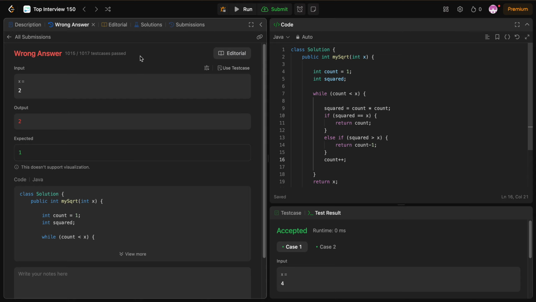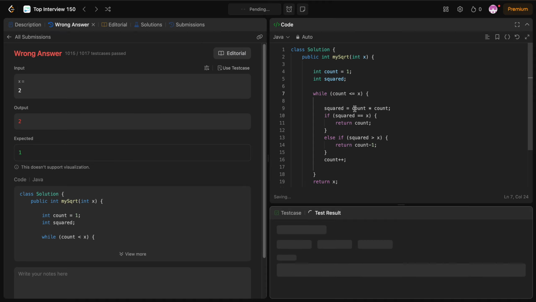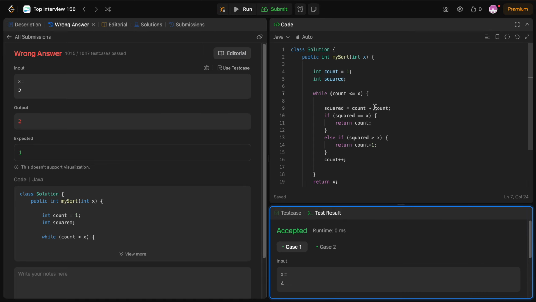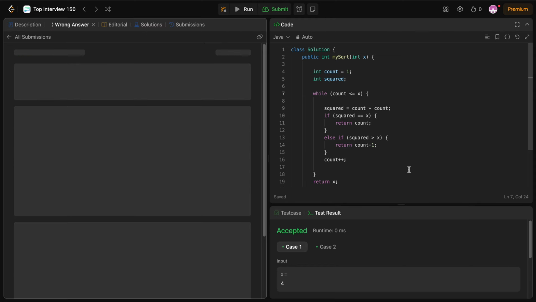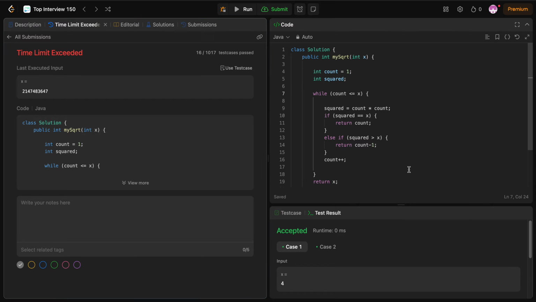While count is, okay, I guess it's because while count is smaller or equal to x. I think that's why, because in this case count would be 2, because 2 times 2 equals 4, but it's not even entering the loop for that case. I'm just trying to think.